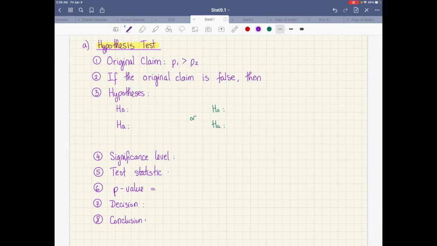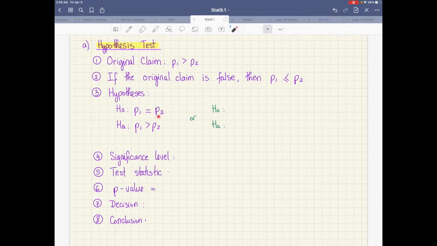If P1 greater than P2 is false, then P1 is less than or equal to P2. Between the first two statements, the one with no equal sign is going to be my HA. And H0 always contains the equal sign.